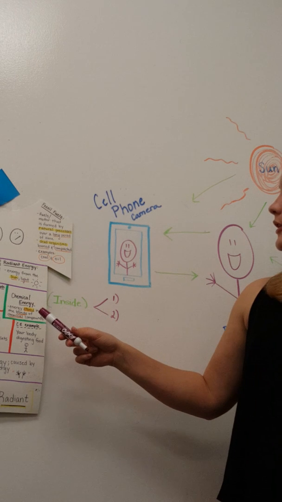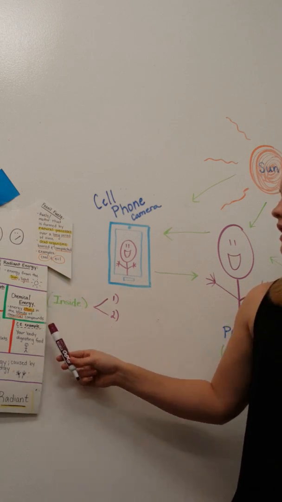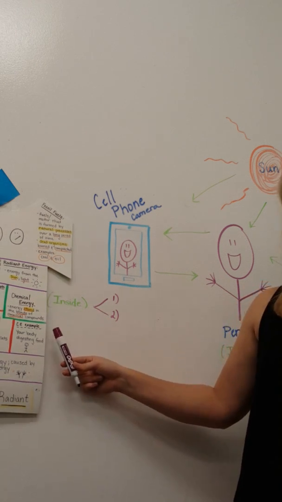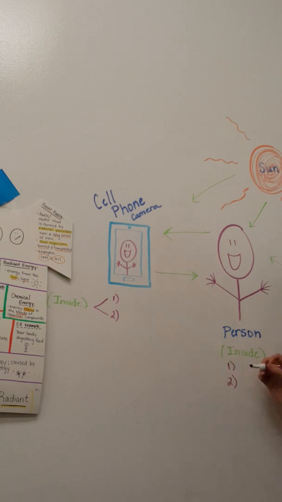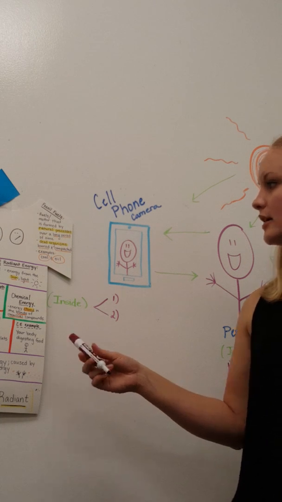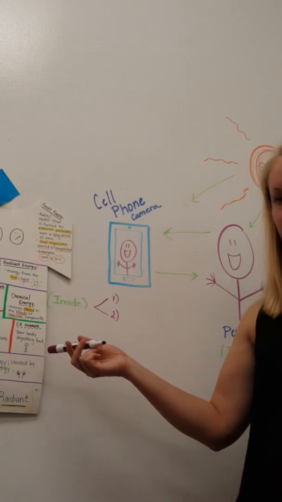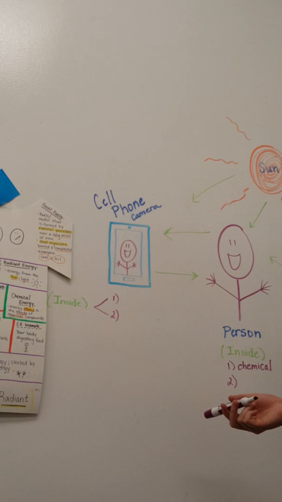Some very important things that we talked about was, one, chemical energy occurs in your body. So that's something I want to put up there. So please go ahead and write this along with me. Chemical energy is occurring inside of Thomas's body, as well as, can you guys think of any others that might be occurring? Let's see, electrical energy, maybe a little bit in his brain.